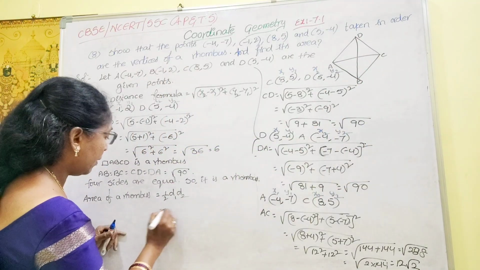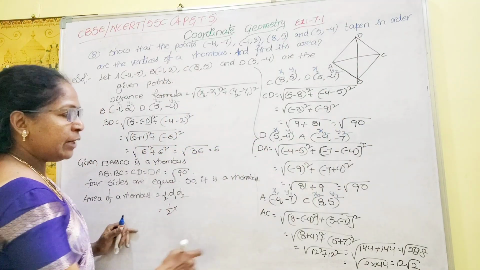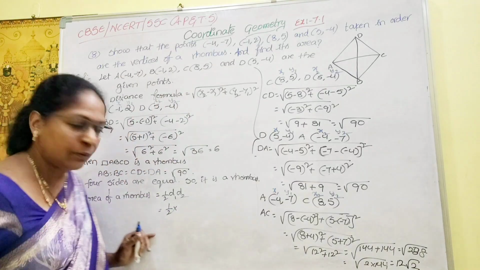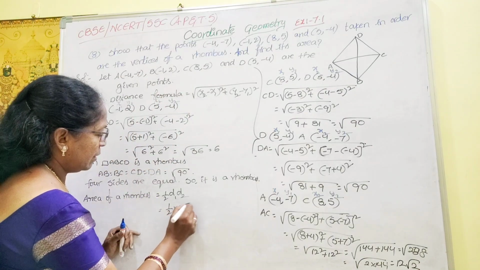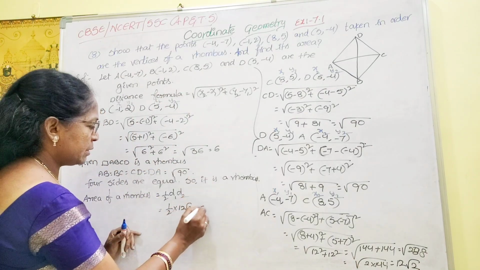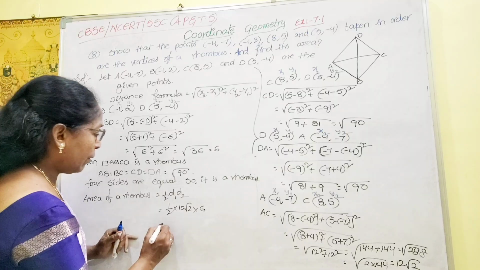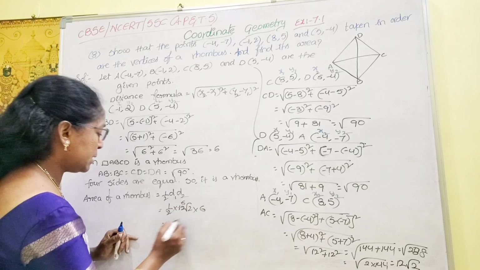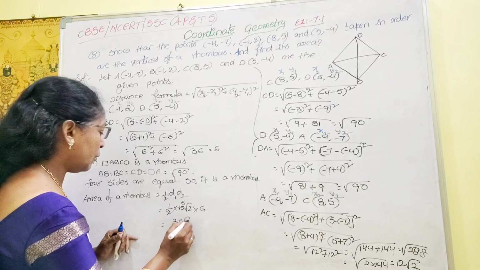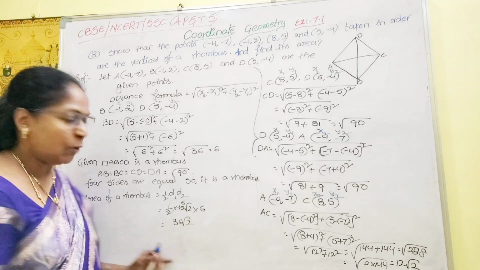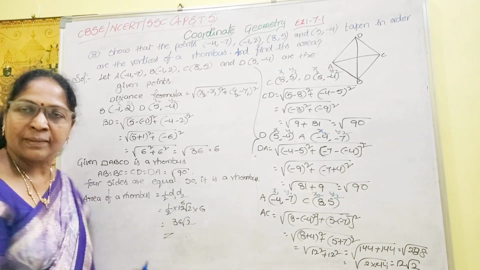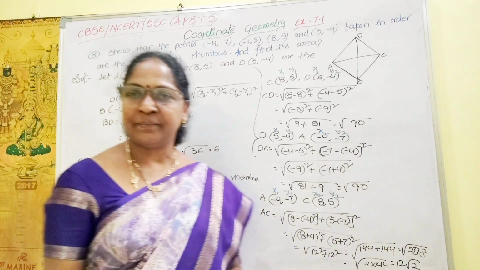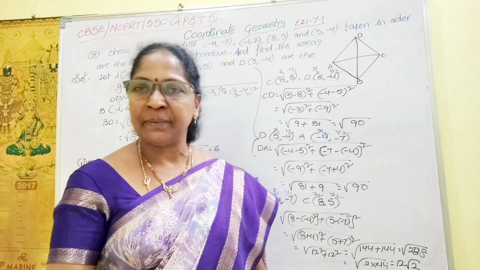So here, half into D1, AC equals how much? 12 root 2, and D2 equals how much? 6. Now calculate: here 6 times 6 is 36 root 2. This is the area of the rhombus. Is it clear? If you have any doubts, please ask me in the comment section.